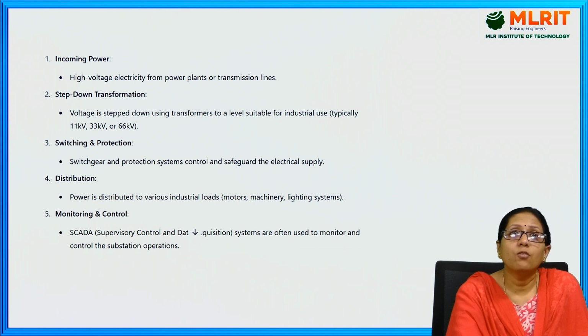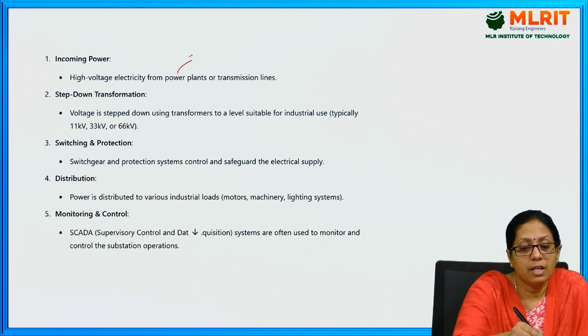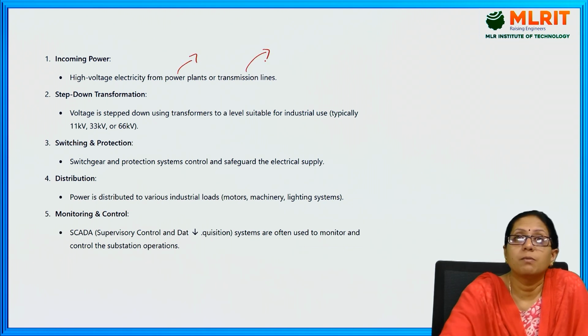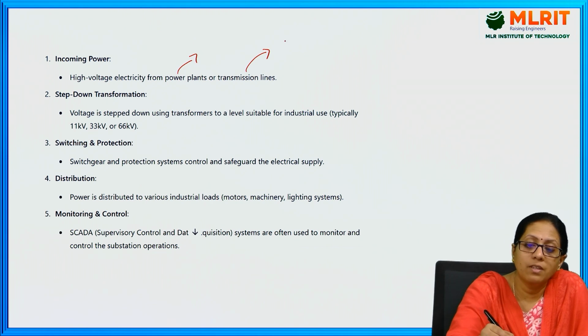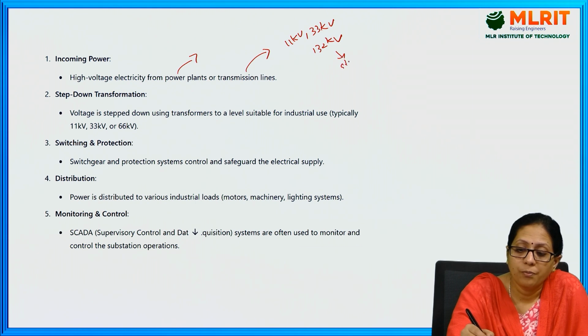The high voltage electricity from power plants or the transmission lines. That means from the electrical plants or from the transmission lines, we will be having a voltage of 11 kilovolts or 33 kilovolts or 132 kilovolts. This particular voltage we need to step down based on the load.